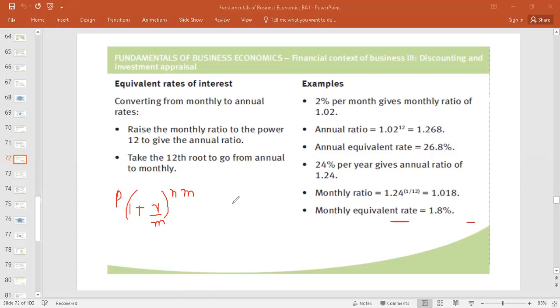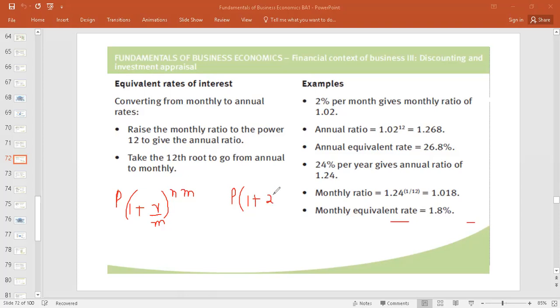So in this example, we would have P into 1 plus, if it is only for 1 year, the interest is 2% per month.